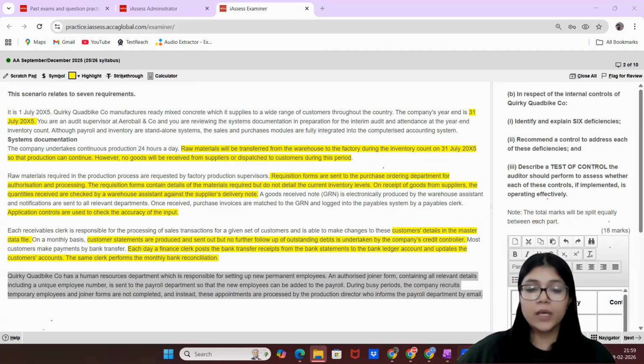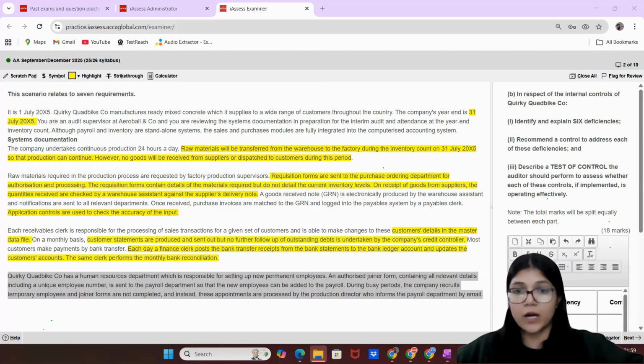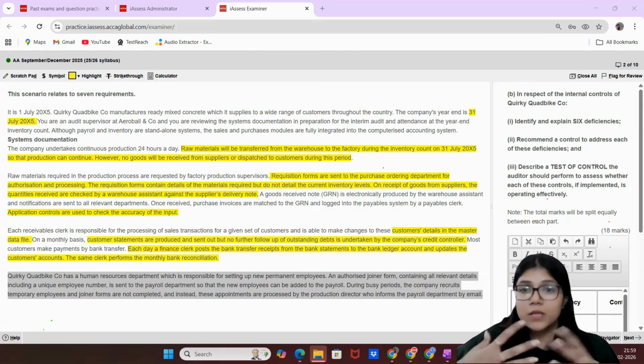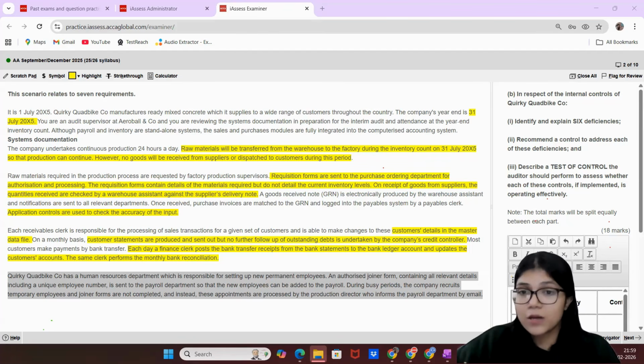Now, as somebody counting the inventory from one place to the other, I will be a little confused because continuously new inventory is coming into the warehouse, getting transferred to the factory or vice versa. As the person counting, I might count the same inventory twice, or I might not count some inventory at all.